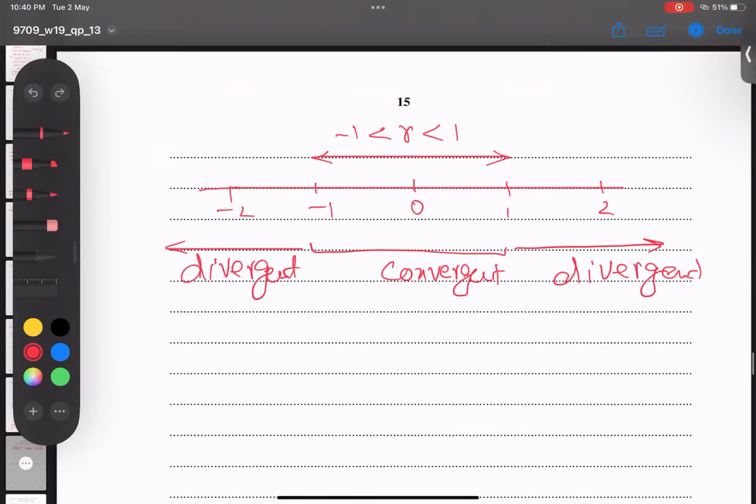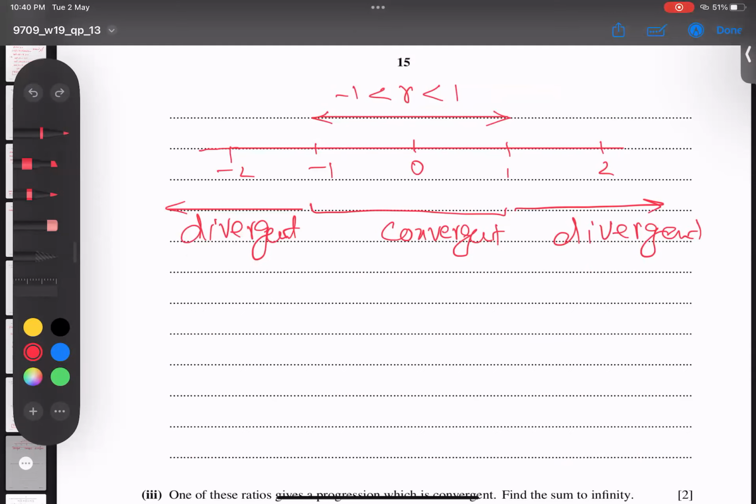But I tell you one thing about convergent. If you take the square of 0.2, okay students, you get 0.04. But if you take 2 squared, you get 4.